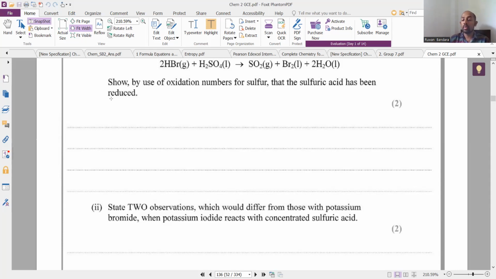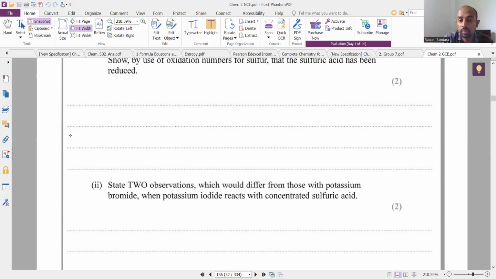Iodine is formed from oxidation of iodides. Therefore, be careful. So can you repeat the two observations? Two observations mean that in this reaction, in addition to bromine, you can see purple vapor of iodine, rotten egg smell of H2S, and yellow solid sulfur.